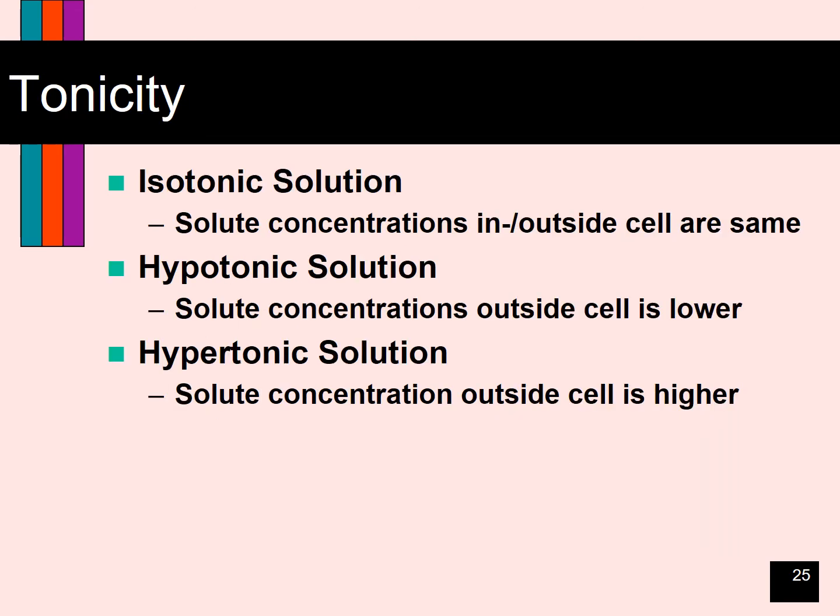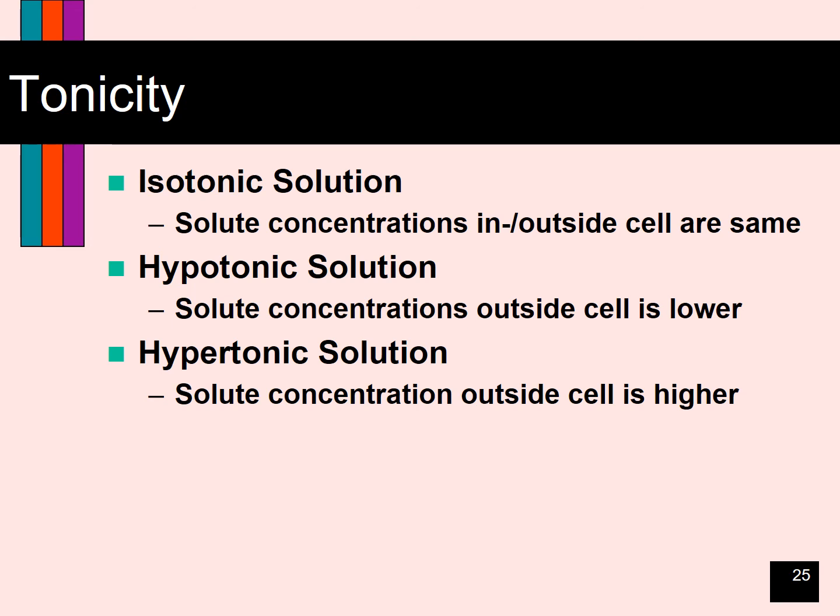Okay, just reviewing those tonicities. So what's normal for us would be for all of our cells to be in body fluids that are isotonic to our cells, because our cells do not have a cell wall. So if our cells were in a hypotonic solution and we're taking on water, our cells would rupture.